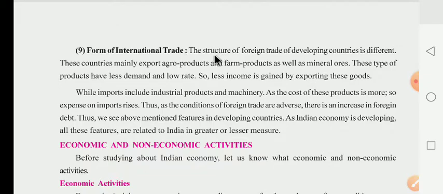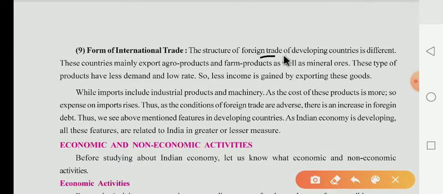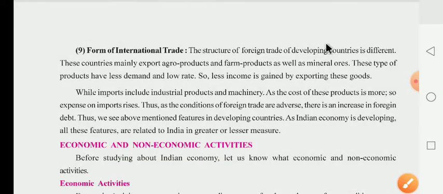These countries mainly export agro products, farm products as well as minerals. Developing countries export mainly primary products, which are agro products, farm products as well as minerals. Mineral ore means coal and iron; these are all part of mineral ore.